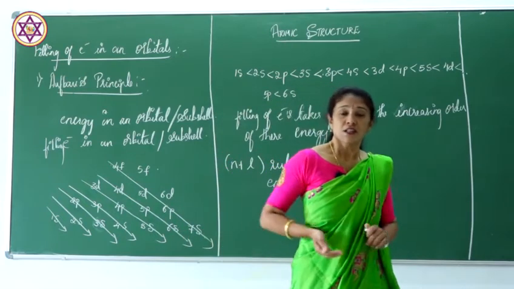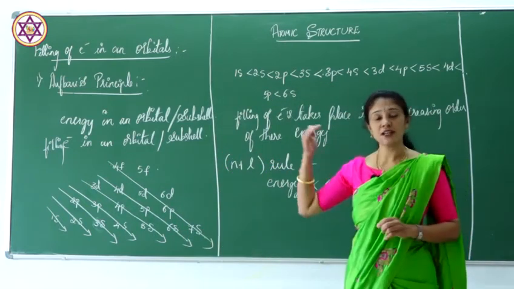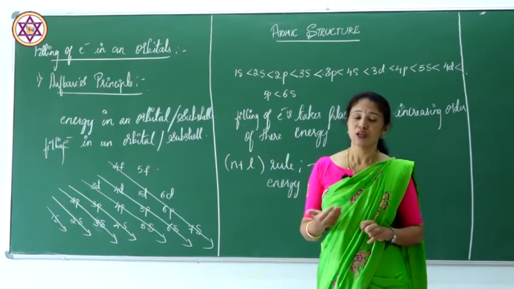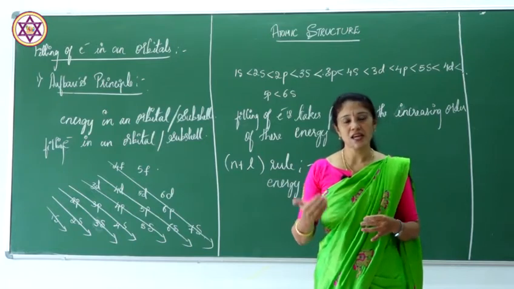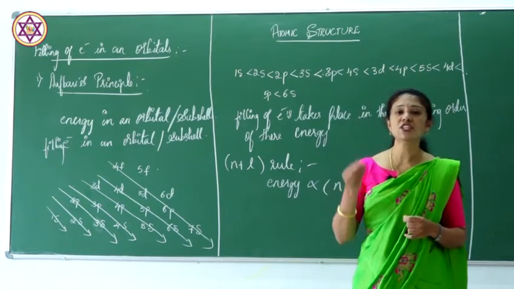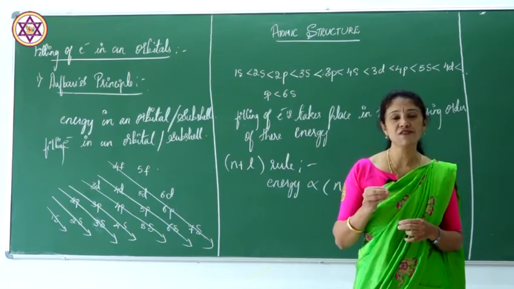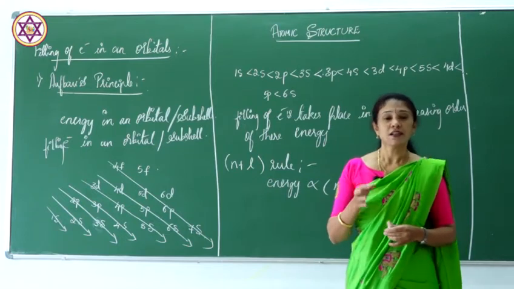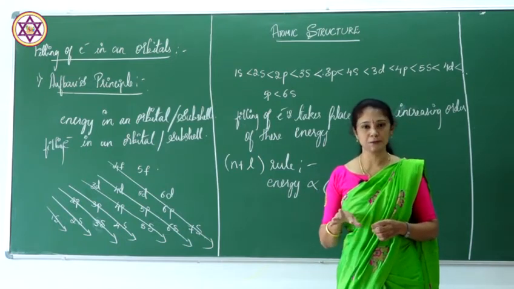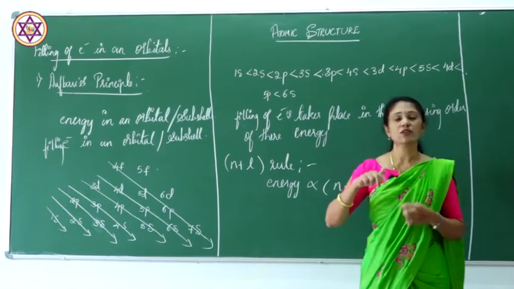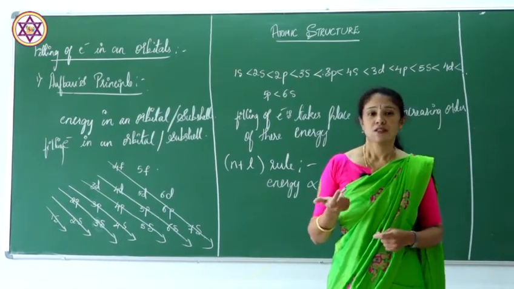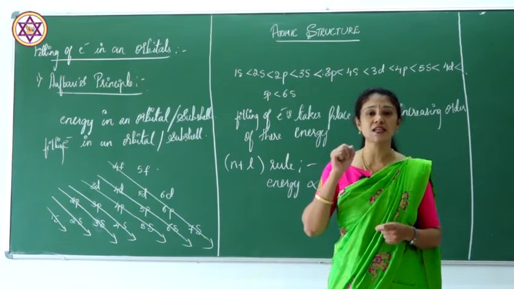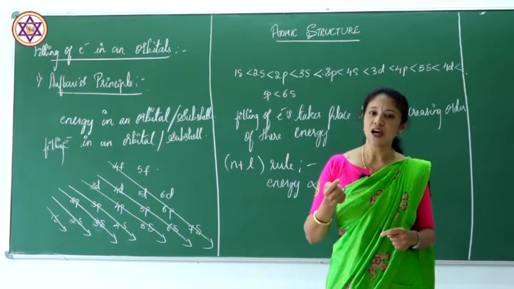If the subshells have the same n plus l value, then the one which has the least n value is filled first, then the one with the highest n value is filled afterwards. If the n plus l value is less compared to the other subshell, the filling takes place in the one which has the lesser n plus l value first and then the higher.